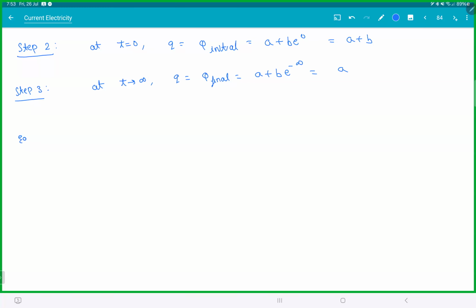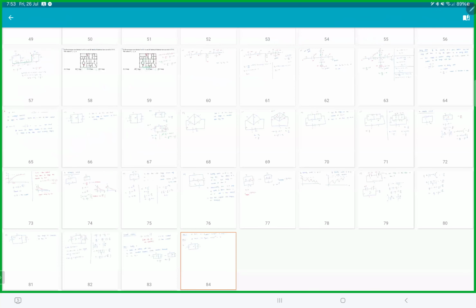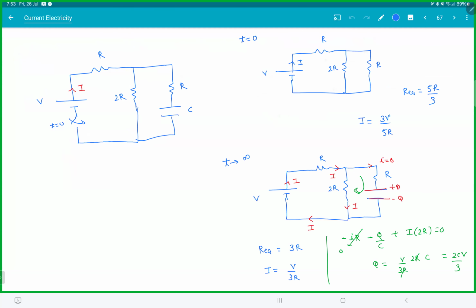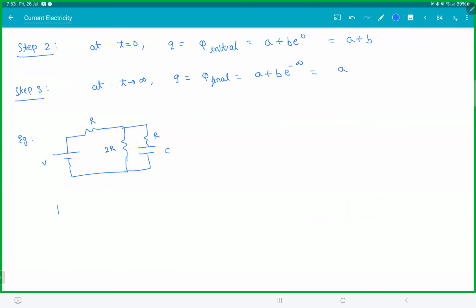So let's take this example which you have done just now. This is V, this is R, 2R, R, and C. Question number 22, we found the charge at infinity. How much? 2CV by 3. Q at infinity is 2CV by 3. Q initial is 0.